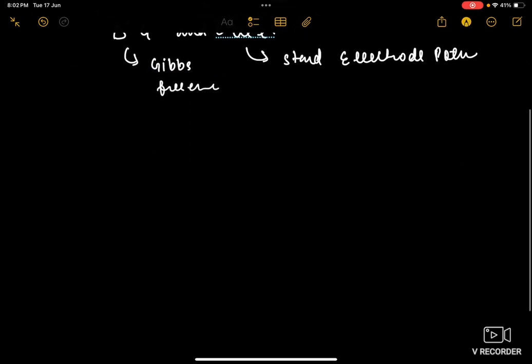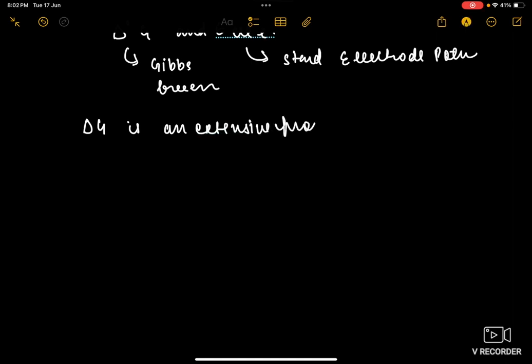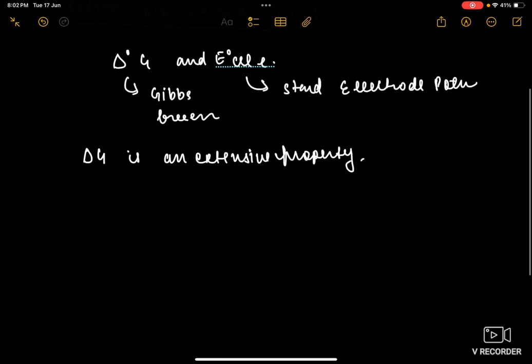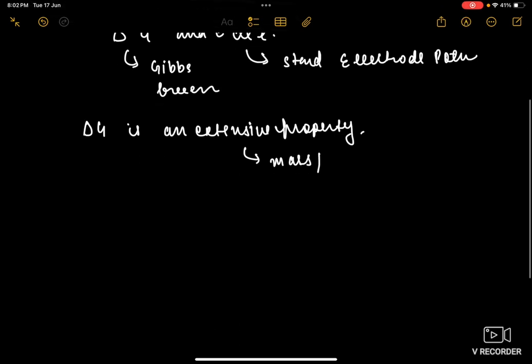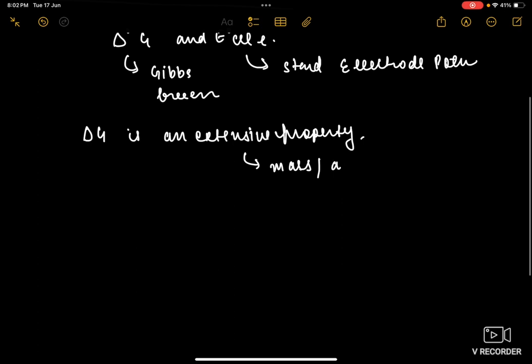So we know that delta G, or Gibbs free energy, is an extensive property, which means that it does not depend upon the mass, or the amount, or the material which is present.